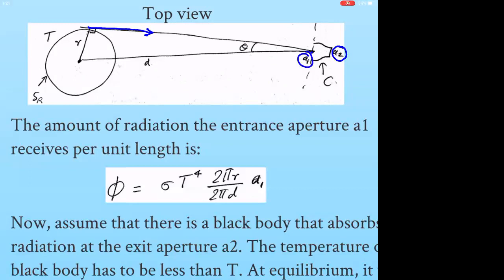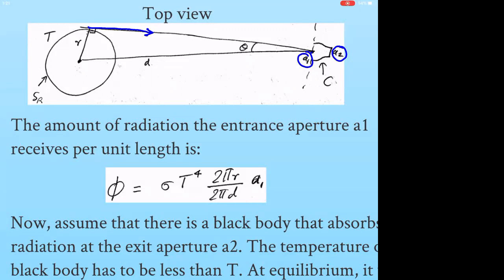The amount of radiation the entrance aperture A1 receives per unit length is simply related to the distance at which this entrance aperture is relative to the source. We also talked about this. Venus receives a different amount of radiation than the Earth, for example, because of the distance from the sun, right? So that's basically what this is.